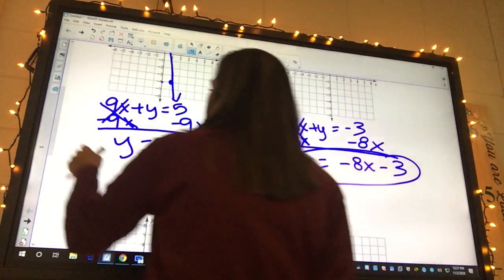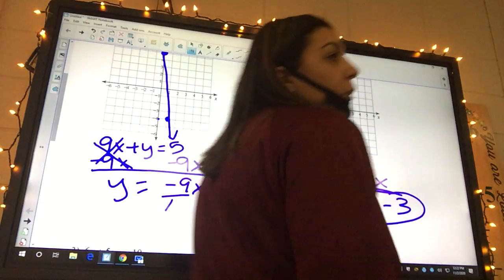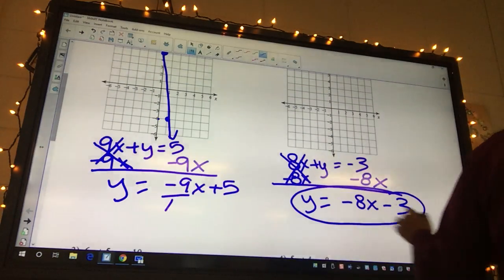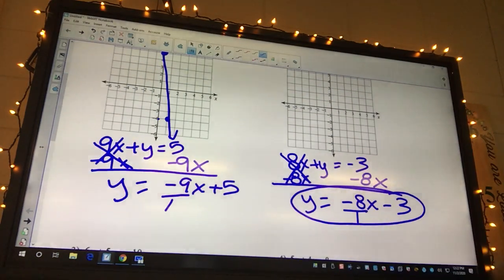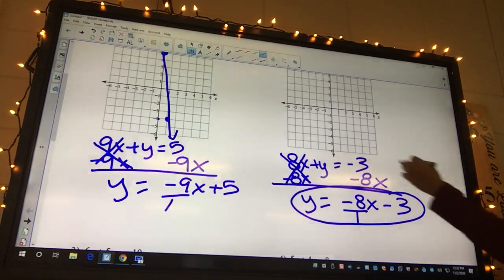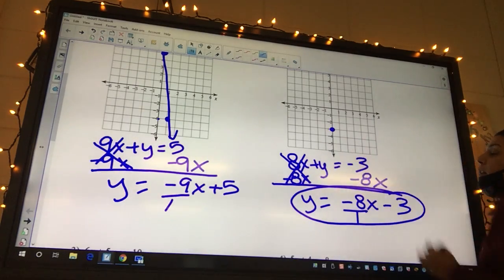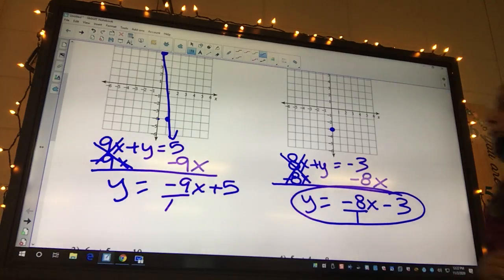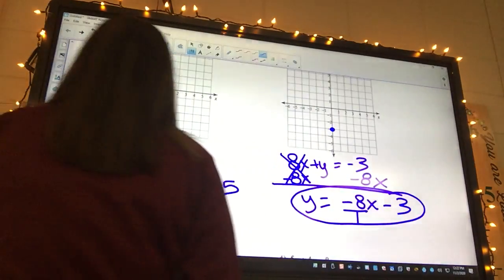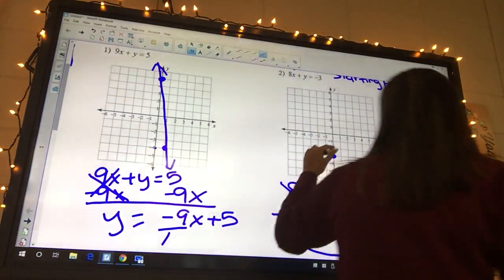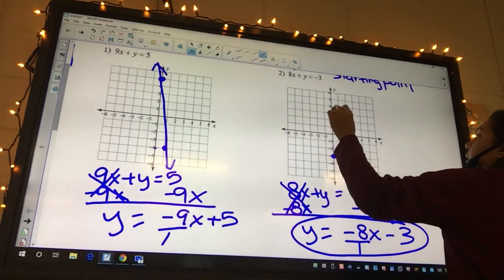Okay, and then now we're ready to graph it. And what can I write that 8 over? 1. I have 8 over 1, because we need it to be rise over run. So, we graph what first? The negative 3. Okay, am I going to go up or down 8? Up, because that's my only option. So we're going to go up 8. 1, 2, 3, 4, 5, 6, 7, 8.